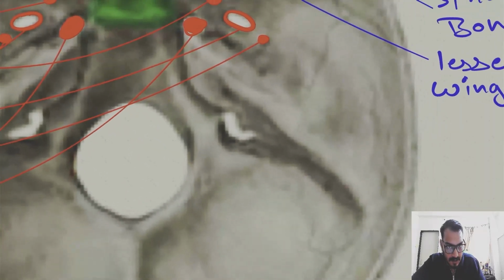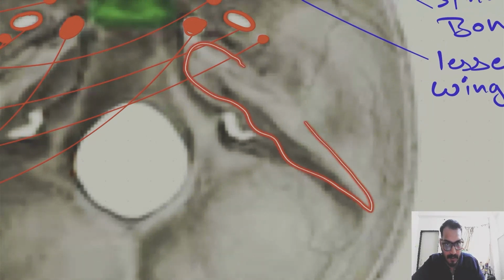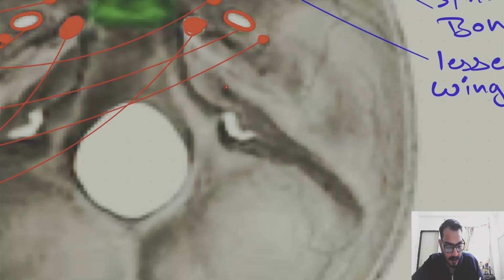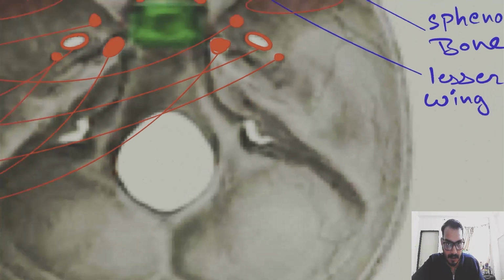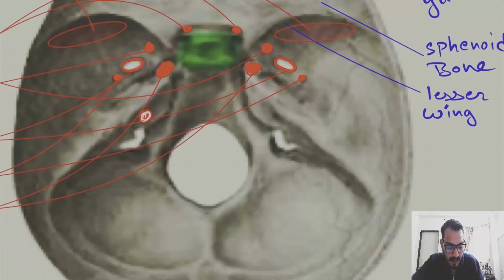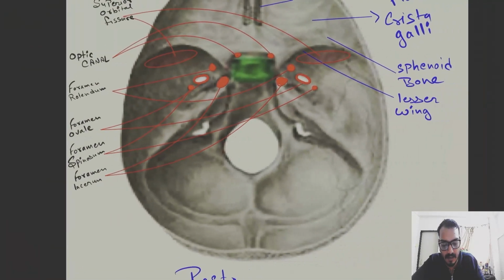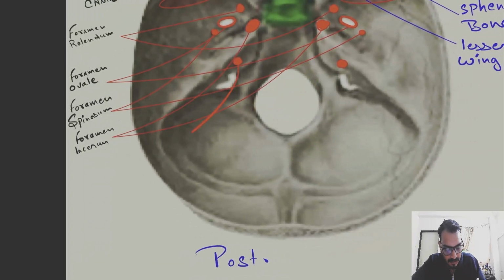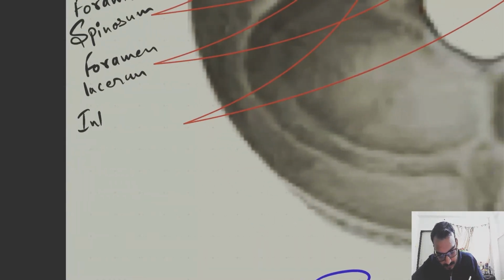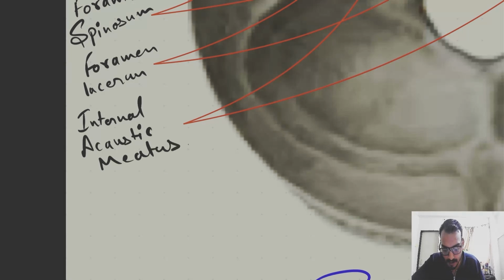Bilaterally we have this foramen, and it is known as the internal acoustic meatus.